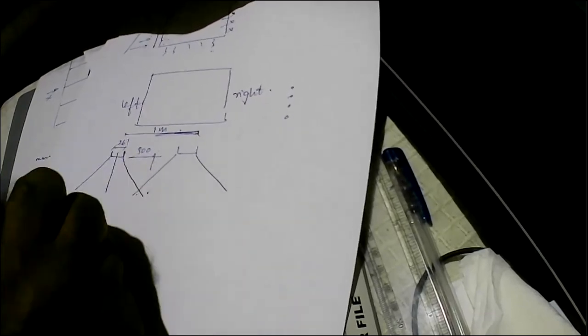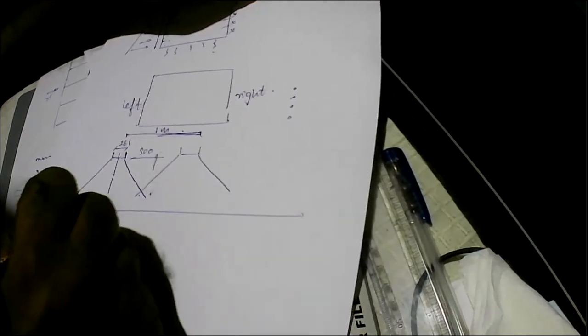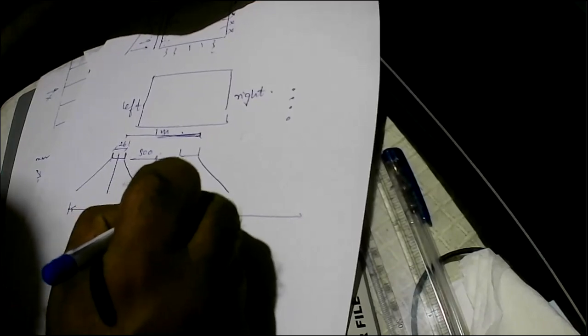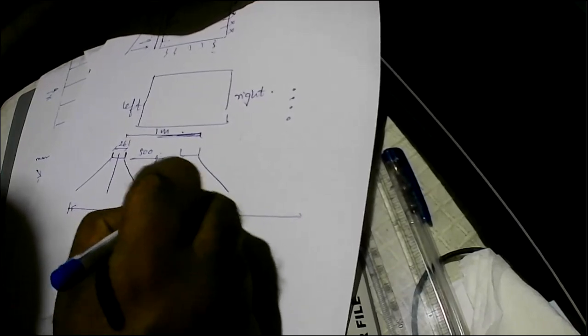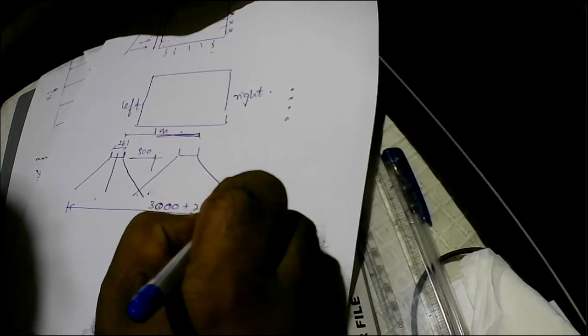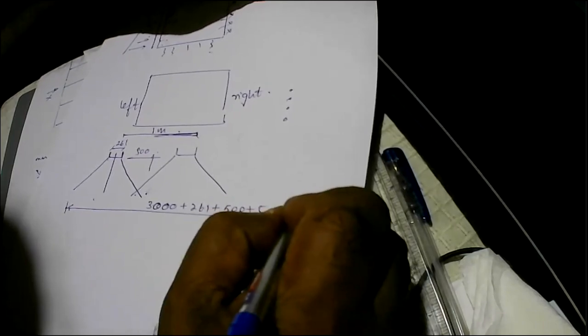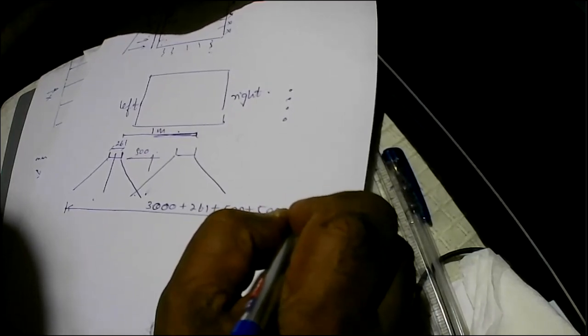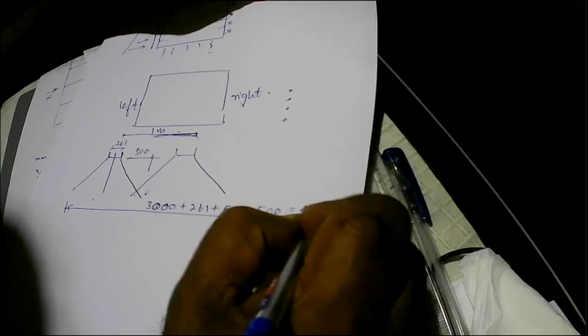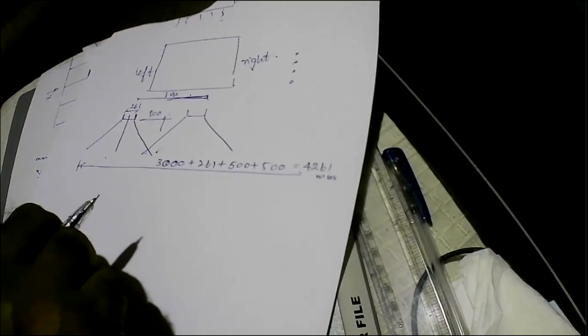So you can say the total width of the loads with four wheels will be 3000 plus 261 plus, for 1 meter thickness, you get 500 millimeter dispersion, 500 on this side, 500 on this side. So you get altogether 4261 millimeters.